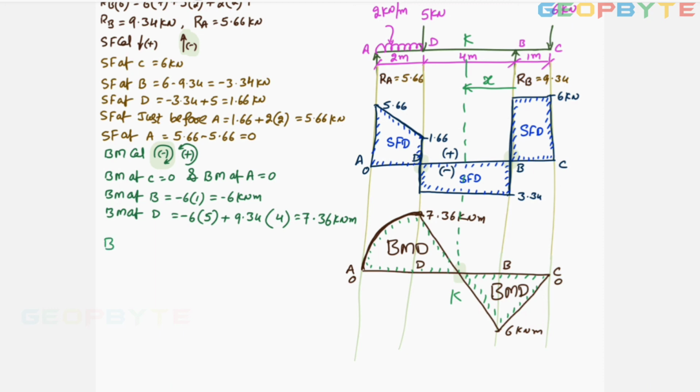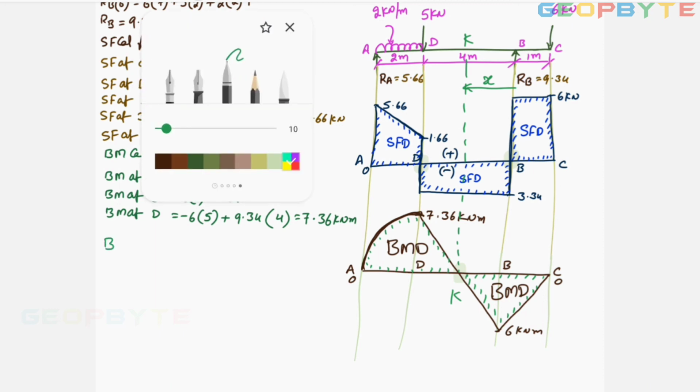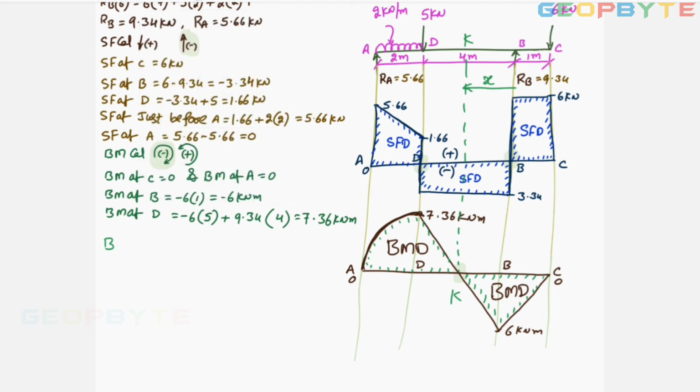Now the bending moment at K is equal to 0. At the point of contraflexure, bending moment is 0.